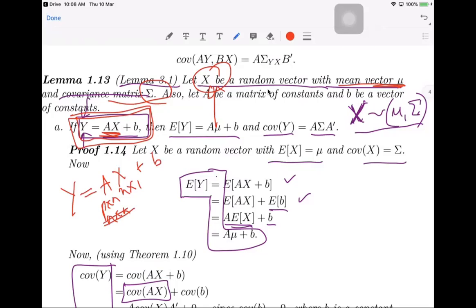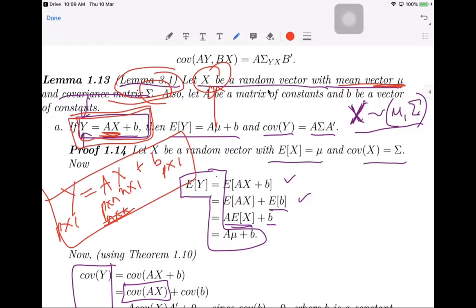So your result here is a P by 1 vector, so your B should be P by 1, so that this transformation is conformable. We are not talking about the dimension here. The lemma is silent on the dimension, but it is assumed that it is conformable.